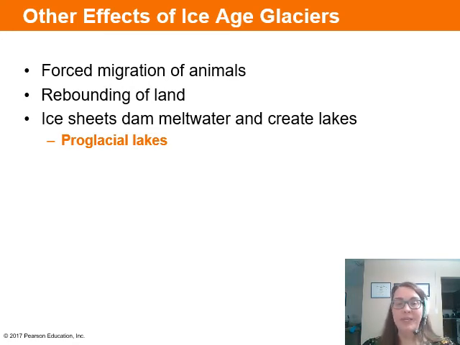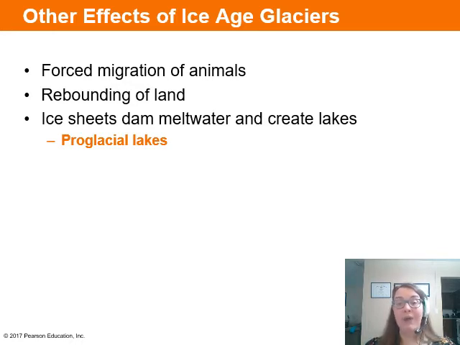But we also see, especially in areas like Michigan, that as these massive ice sheets begin to melt, which we call meltwater, that liquid water has to go somewhere. And it formed proglacial lakes. Basically, the glaciers melted and it formed new lakes.